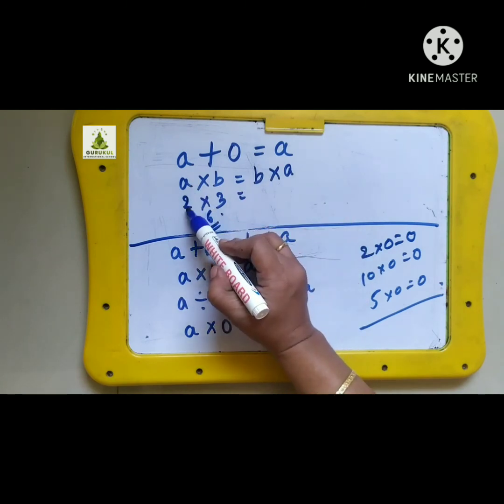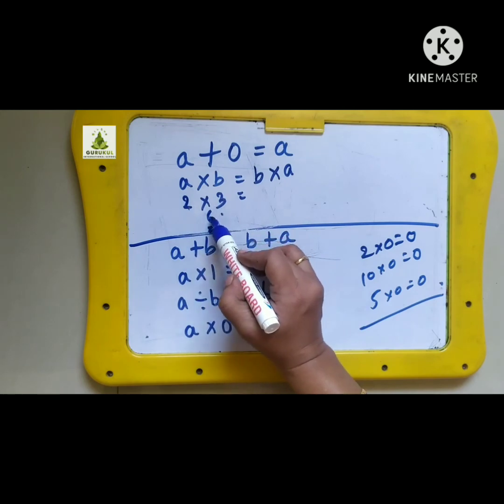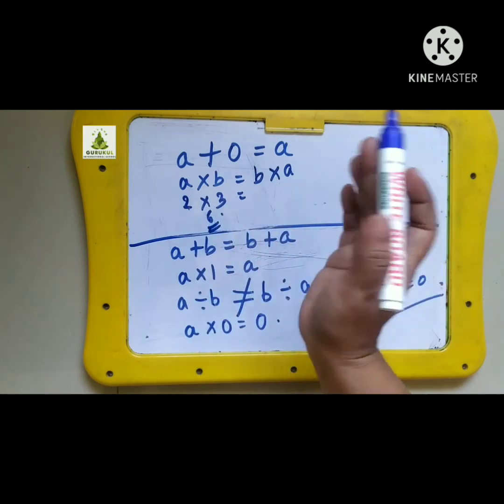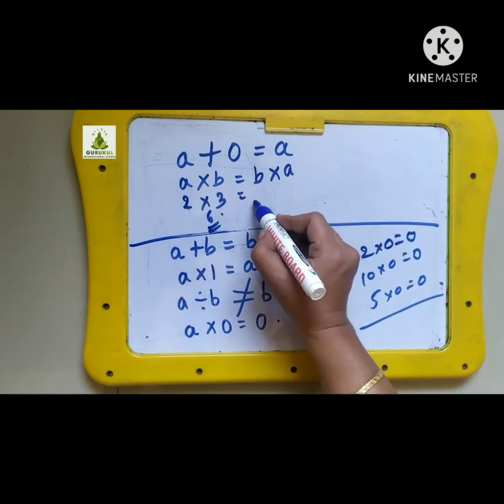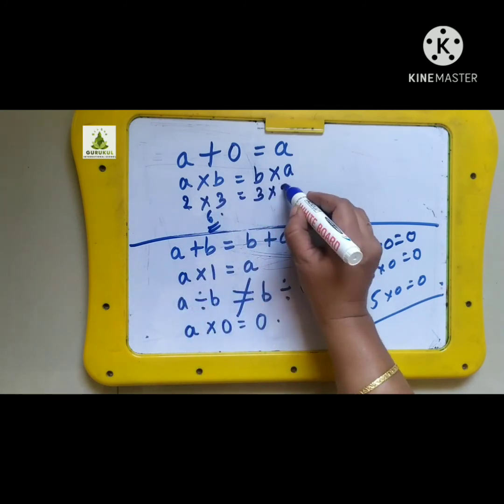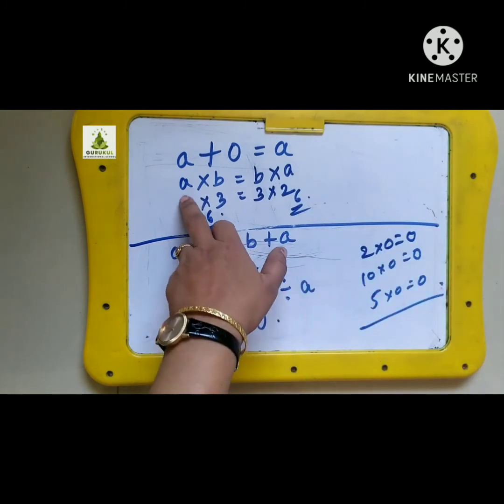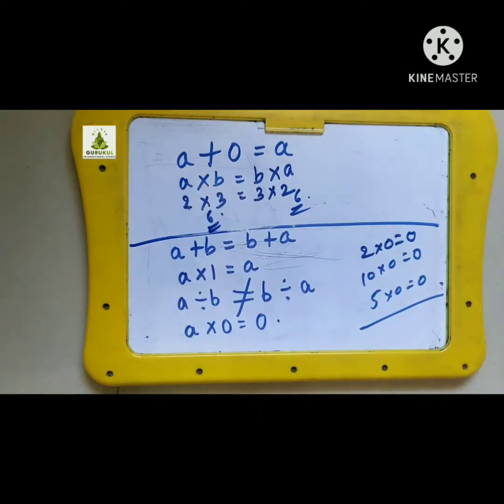Here your A value is 2 and B value is 3. You wrote 2 into 3 first. Now you just reverse the numbers. B is written first, meaning 3 is written first. 3 into 2 will give you the answer 6. So this property tells us that A into B is equal to B into A. Okay, so that's the second one.